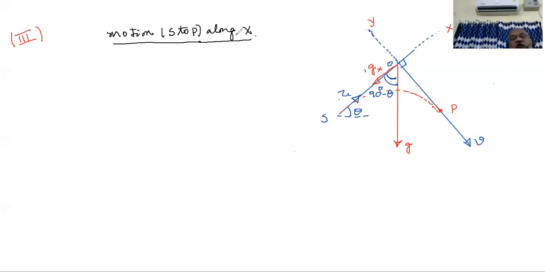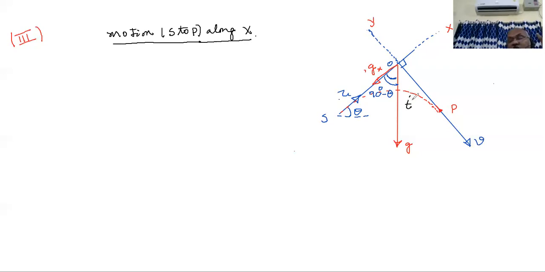Think about that. Focus on that. I am considering x motion, and from the starting point to point P; beyond P, what the body does is of no concern. And you know, the time of travel is T.